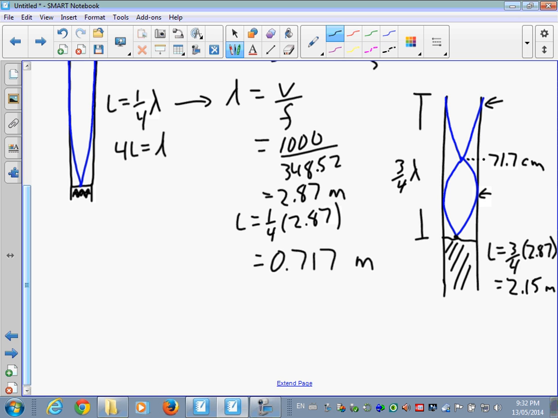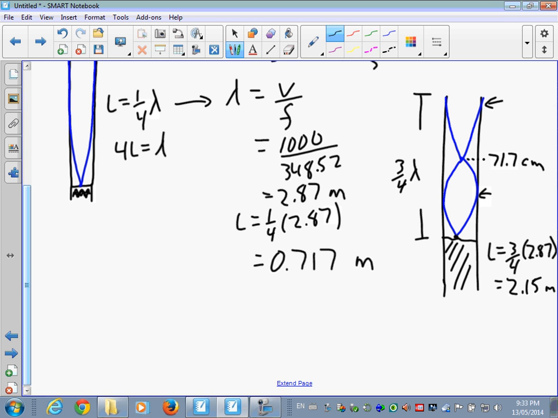That's mechanical resonance. When you went a little bit lower, you would hear mechanical resonance again when the tube length is 2.15 meters, which is 3/4 of a wavelength. You would hear the same thing at 5/4 of a wavelength, at 7/4 of a wavelength, and so on. That's always going to give you resonance, constructive interference, if you will.